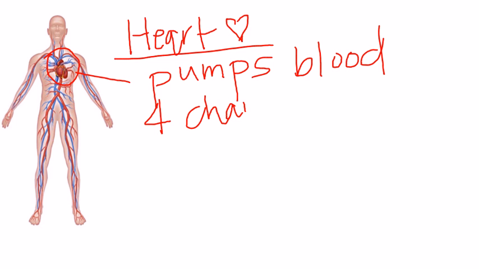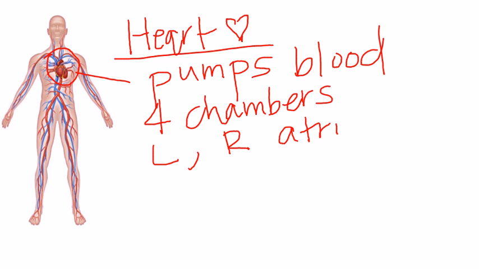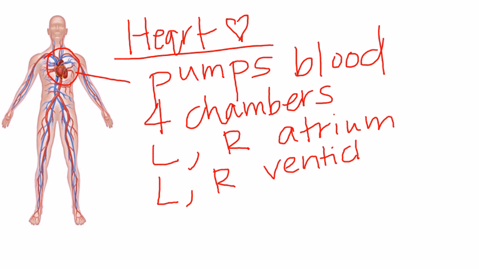And those four chambers can each be identified. There is a left and a right atrium and there is a left and a right ventricle. So these are the four chambers that make up the heart.